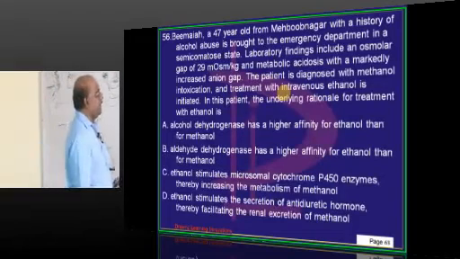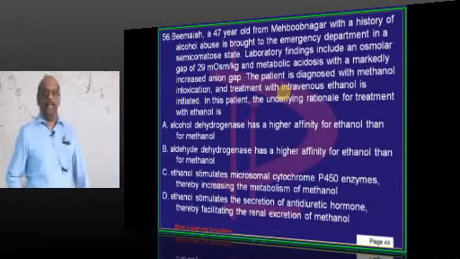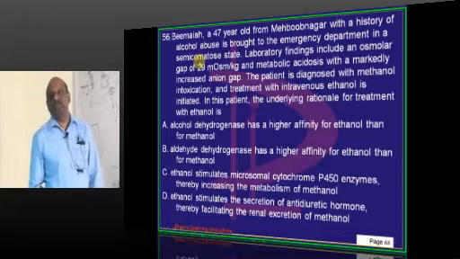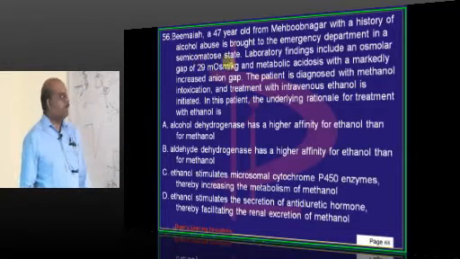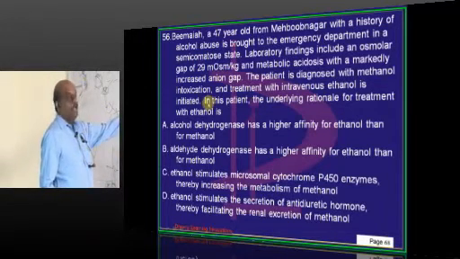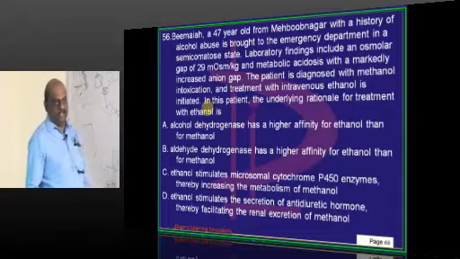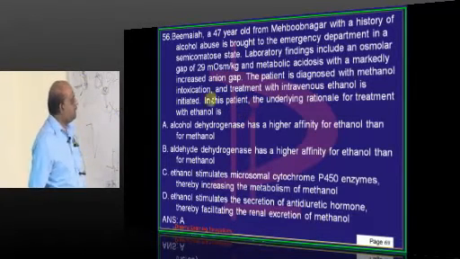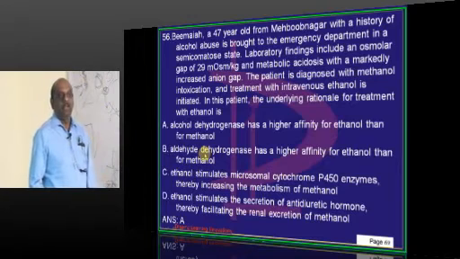Favorite topic. Bhimaya is a 47-year-old from Mehboob Nagar who regularly consumes toddy, alcohol, and he is found to have methanol intoxication, and you have treated him with intravenous ethanol. What is the basis of giving that?